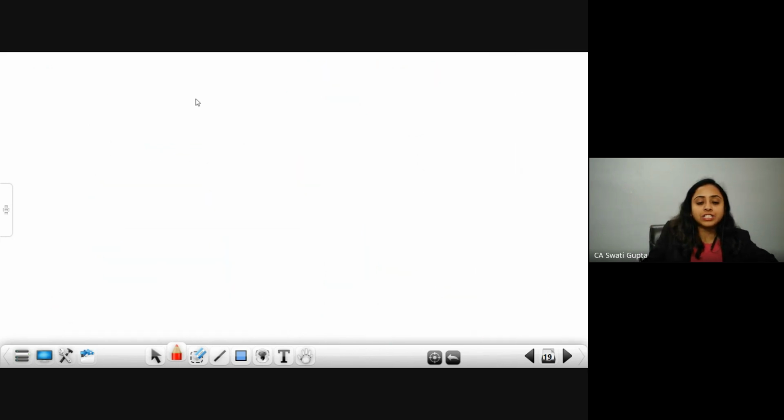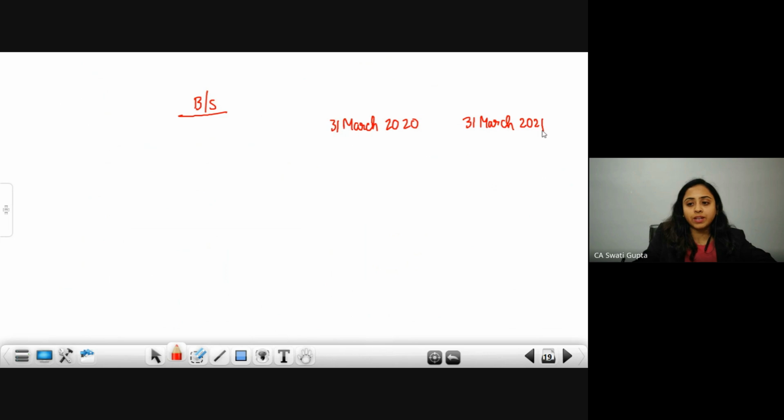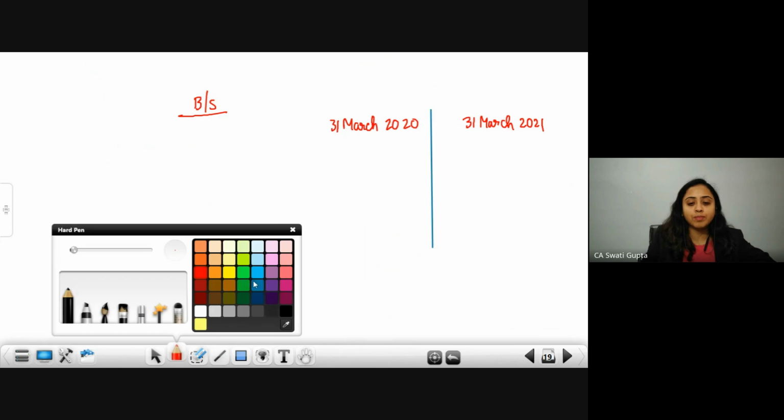Okay, in your balance sheet, for example, 31st March 2020 and 31st March 2021, just an example.